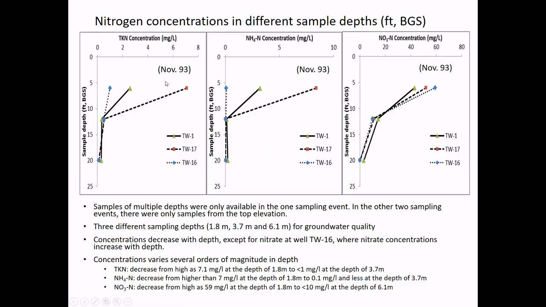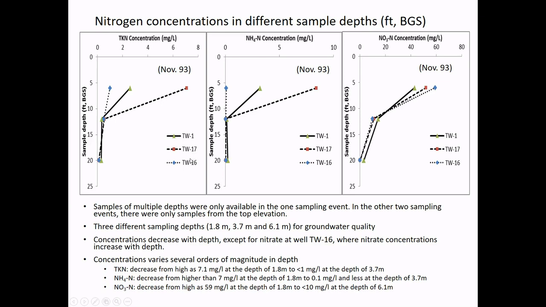Those are measured TKN concentration, ammonium concentration, and nitrate concentration at 3 depths from 3 wells. Again, this figure is a little bit busy, but let me go through it again. We have 3 wells, TW1, 16, and 17, right?